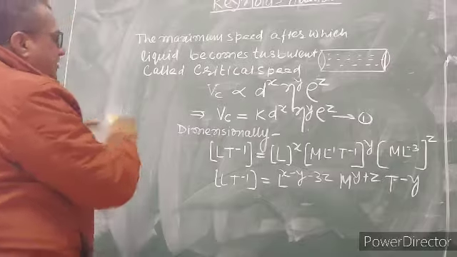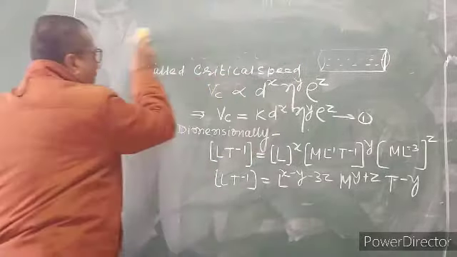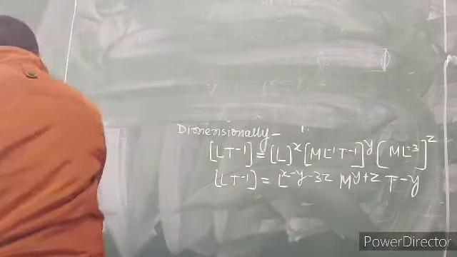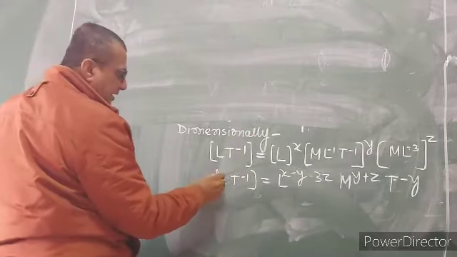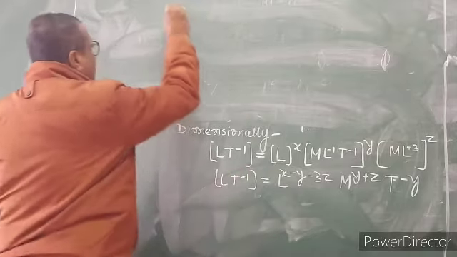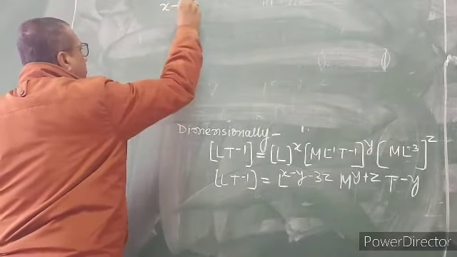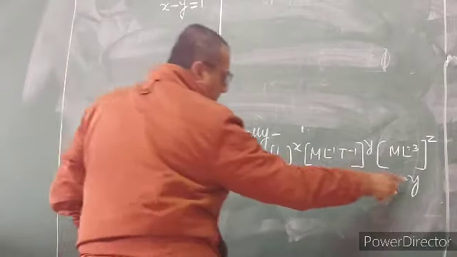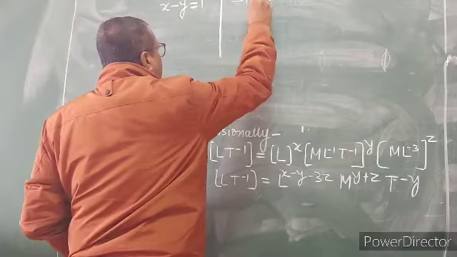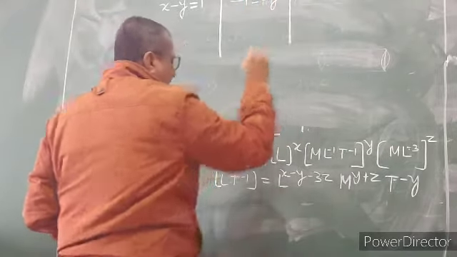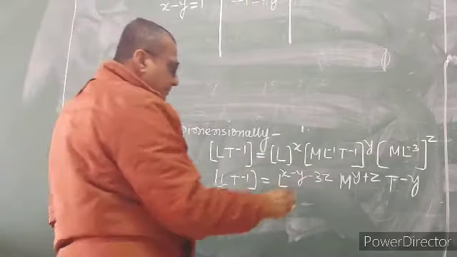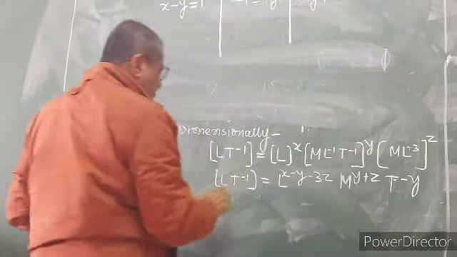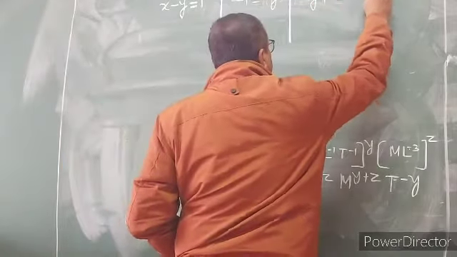From the principle of homogeneity, L1: x minus y equal to 1, T minus 1, here minus 1 equal to minus y, and y plus z; this side is 0, that's why it will be equal to 0.